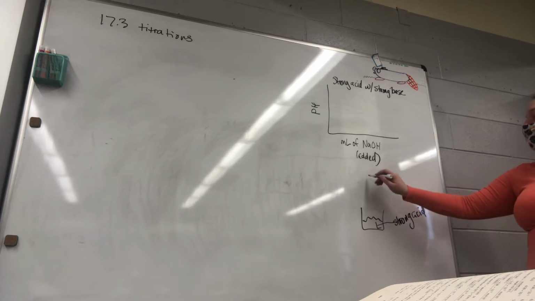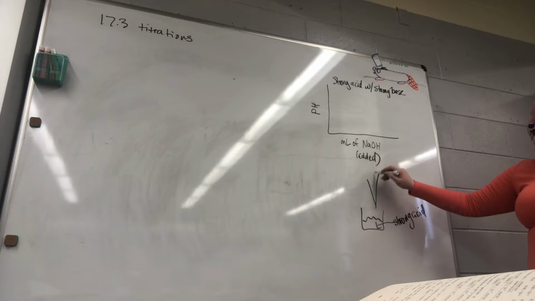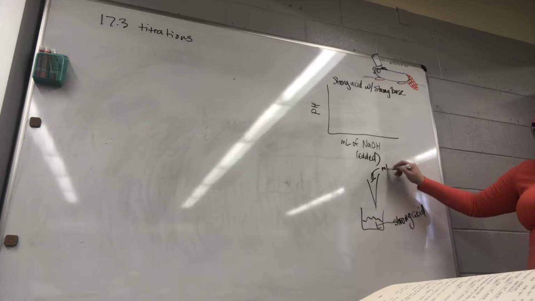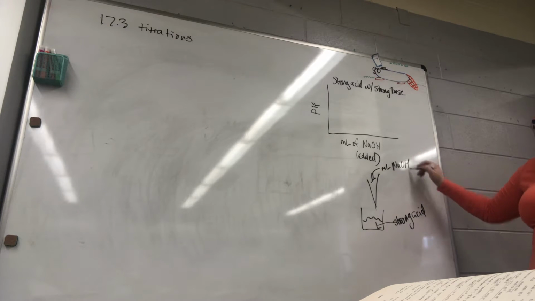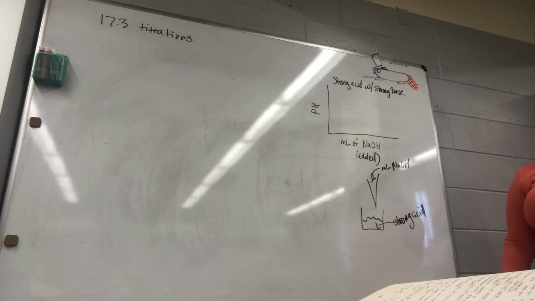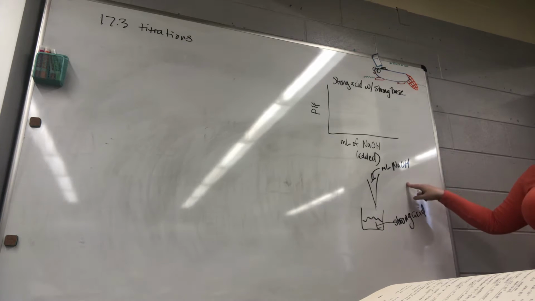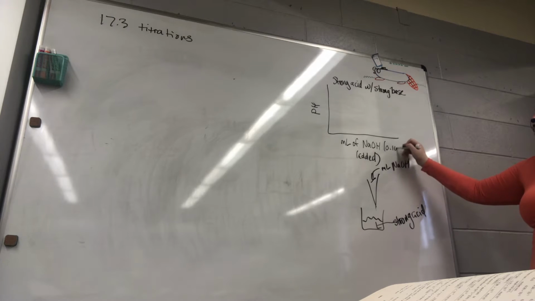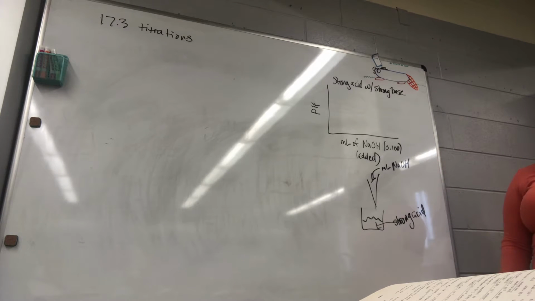Then we add some amount of NaOH. Typically, we know the concentration of the NaOH, or we know the concentration of what's in the beaker. Okay? Those are the two things that we can start with that we know. All right? In this particular case, we're going to go with we know what the concentration of NaOH is. It's going to be 0.1 molar.